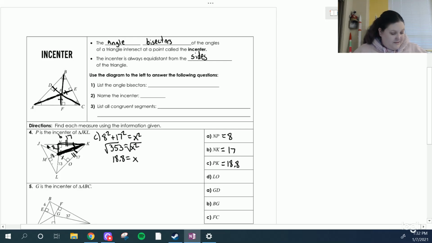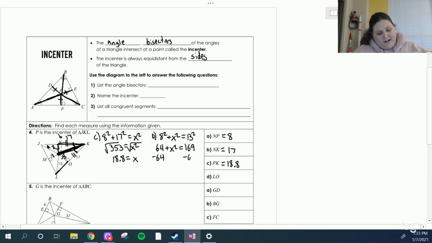For part D, we need to find LO. To find LO, I'm going to use the Pythagorean theorem again. This side here is 8. So I can set up 8 squared plus x squared equals 13 squared. 8 squared is 64, plus x squared equals 13 squared, which is 169.